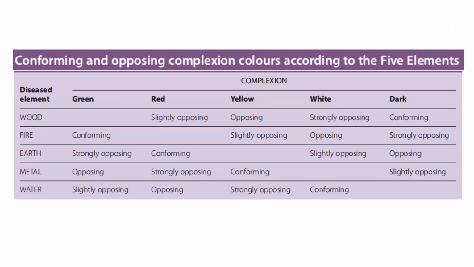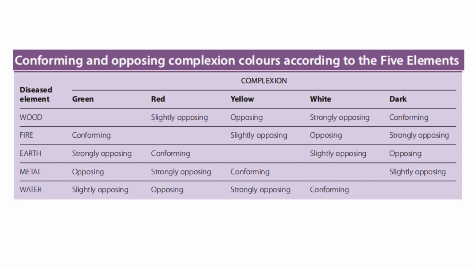In fire element pattern, green is conforming, yellow is slightly opposing, white is opposing, dark is strongly opposing. In earth element pattern, green is strongly opposing, red is conforming, white is slightly opposing, and dark is opposing.